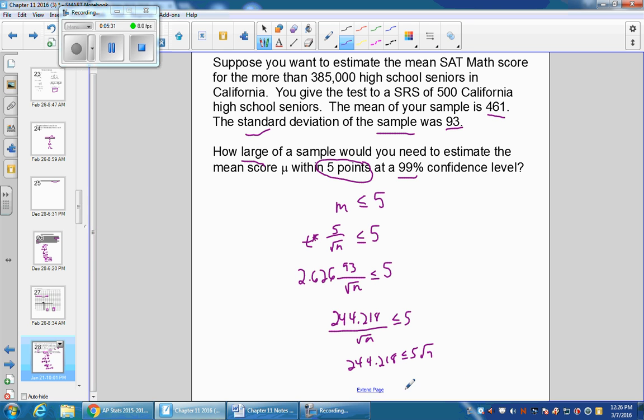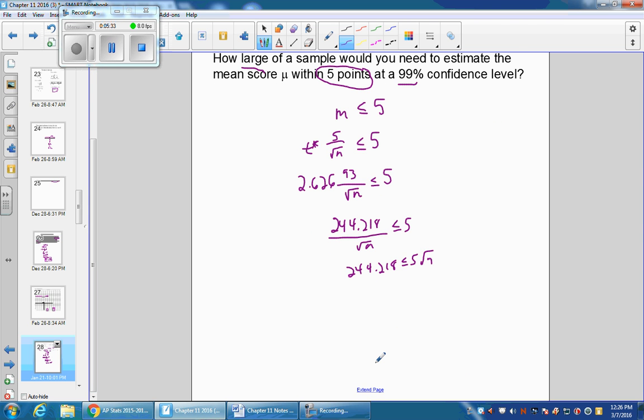Now I divide by 5 to get 48.8, which is the square root of n. And then when I square that, I get 2,385.7. Since n has to be greater than that, I'd say 2,386 people.